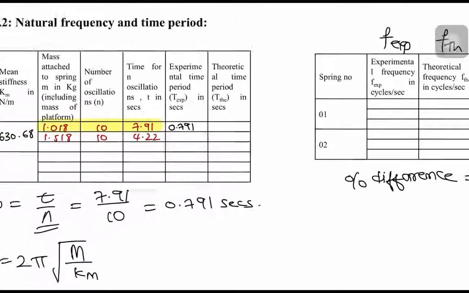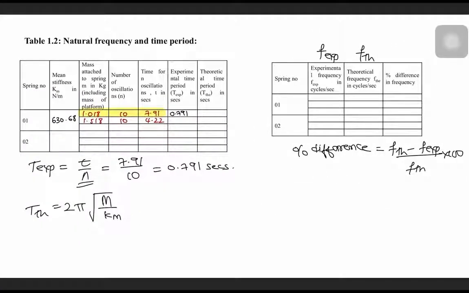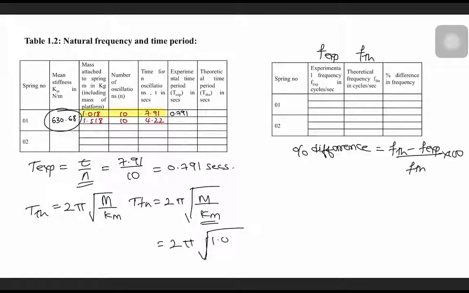0.791 seconds. Now similarly, you have to calculate the theoretical time period. The theoretical time period is given by 2 pi into square root of m divided by Km. So Km you have calculated previously, which is this value. Substituting, mass is around 1.018 divided by the Km value 630.68.